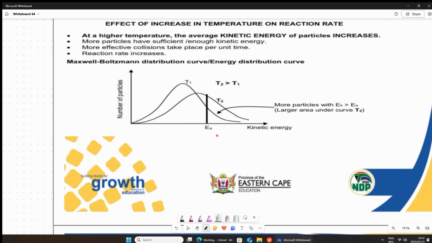However, T1 has a higher peak, and therefore there is less area under the graph there, which means that there are fewer particles having kinetic energy equal to or greater than the activation energy.